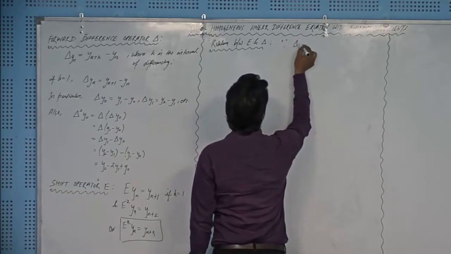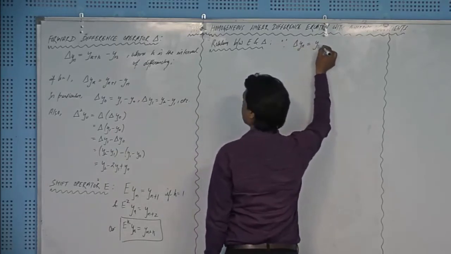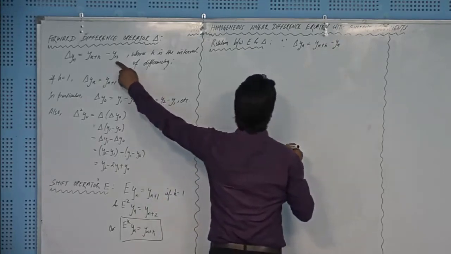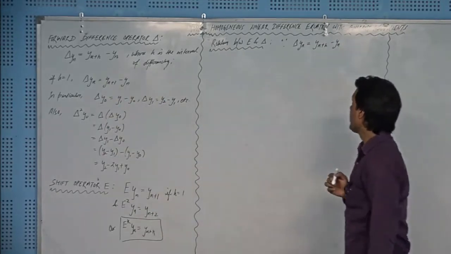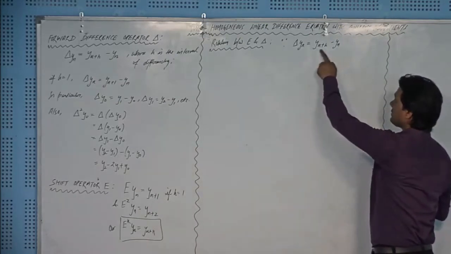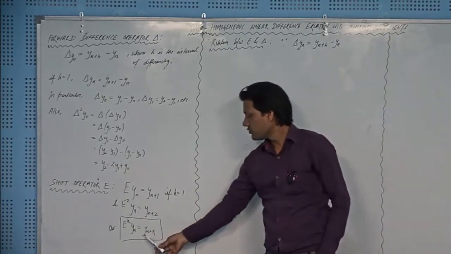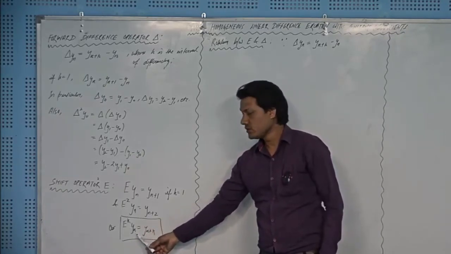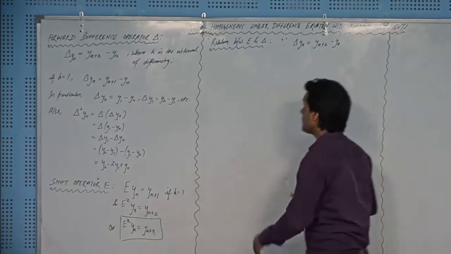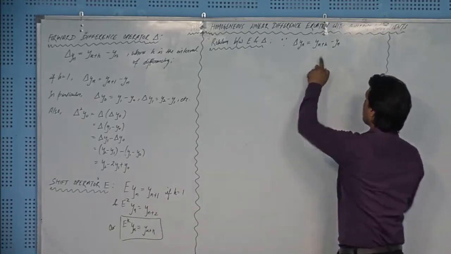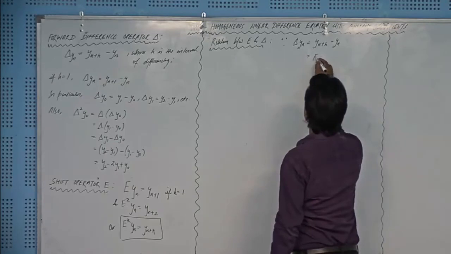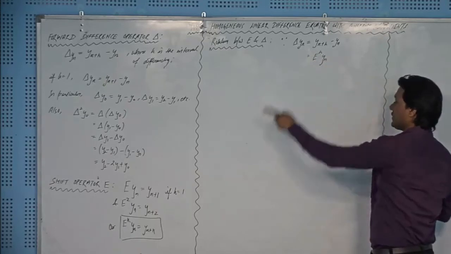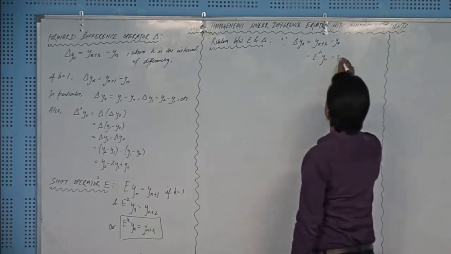Since delta yn equals y n plus h minus yn, I have used this standard formula. You can see that this is yn plus h, and using this result, yn plus k can be written as E to the power k yn. So writing this in reverse, this should be E to the power h yn, using the shift operator in reverse direction, minus yn.